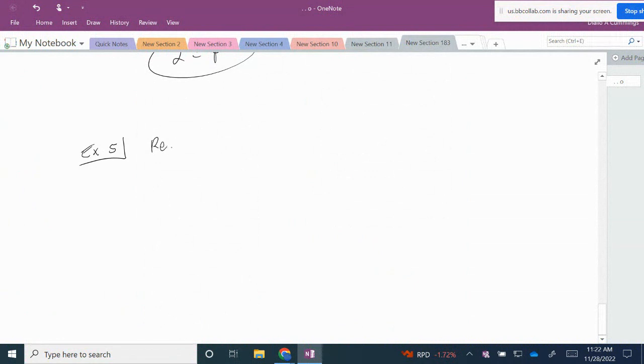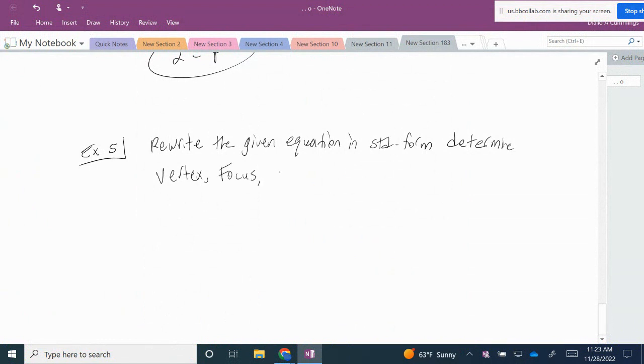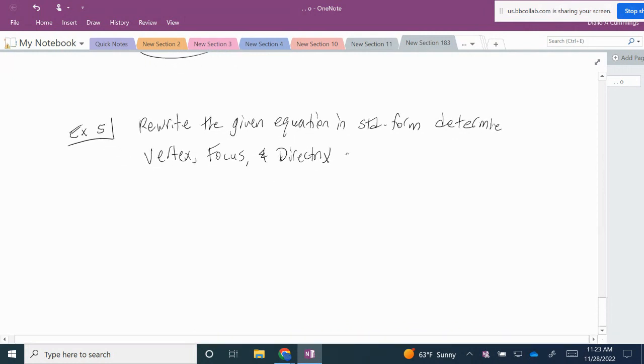We're asked to rewrite the given equation in standard form, and then we have to determine the vertex, the focus, and the directrix of the parabola.